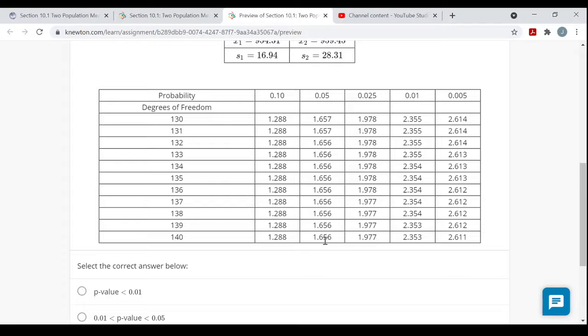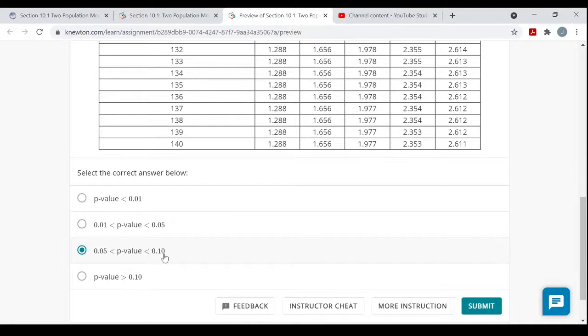And it falls between these two, right, 1.656 and 1.977. So that means the area to the right of positive 1.93 is between 2.5% and 5%, but then you double it because you also have to have the left tail. So the p-value would be between 5% and 10%. So if you're using the table like that, you'd still end up with the same result.